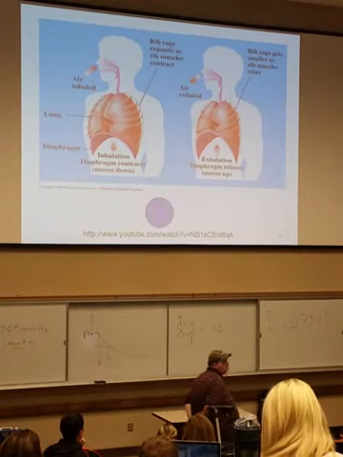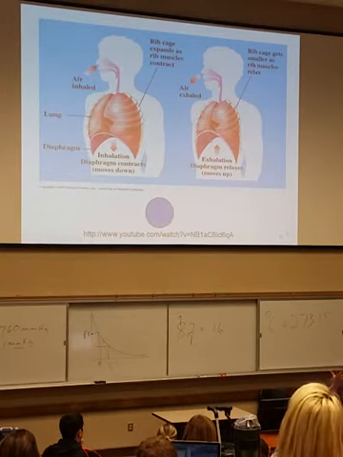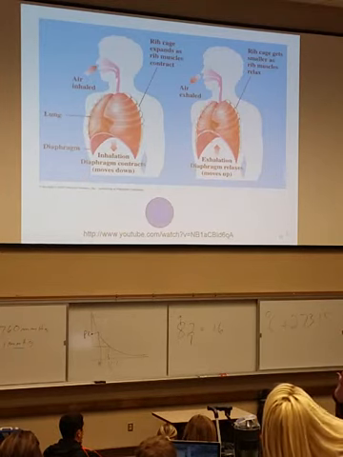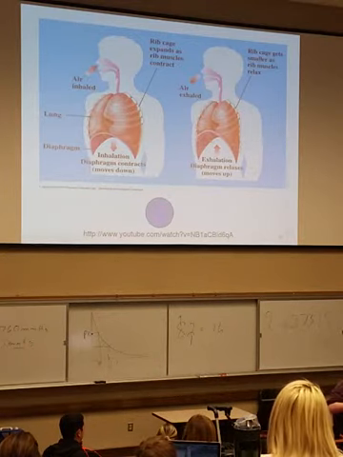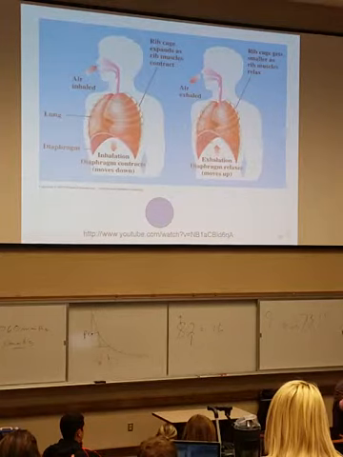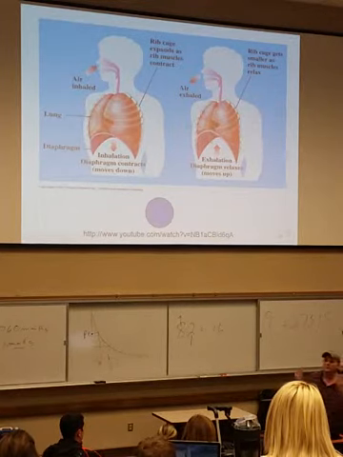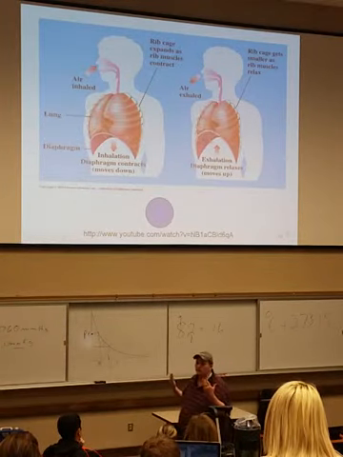And what happens is if the atmospheric pressure is greater out here than in your lungs, then air will flow from here into your lungs. If the pressure in here is greater than the atmospheric pressure, then it will come out of your lungs. So by decreasing the volume of your lungs, what should happen to the pressure?